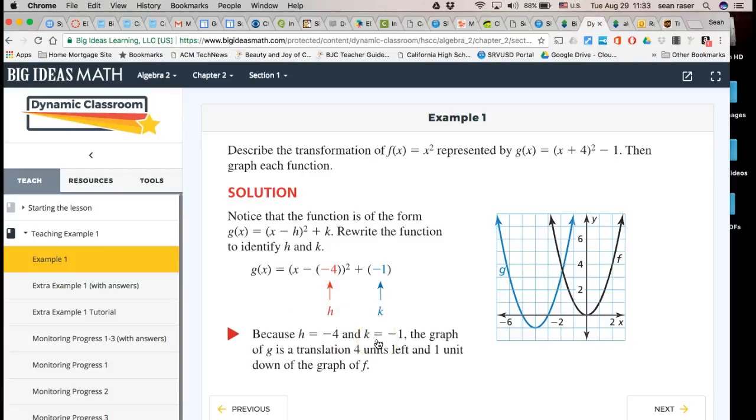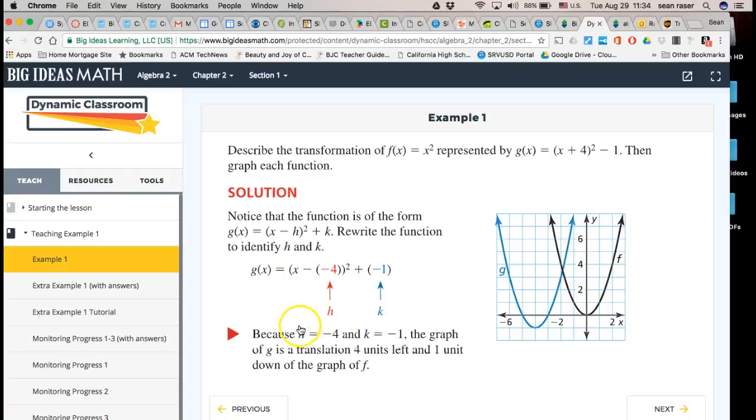Now remember, h and k, those just represent the amount that we're shifting vertically and horizontally. So now that we know what our h and k values are, let's translate those into actual transformations. So because h is a negative number, that means we're shifting to the left. So remember, minus negative 4.